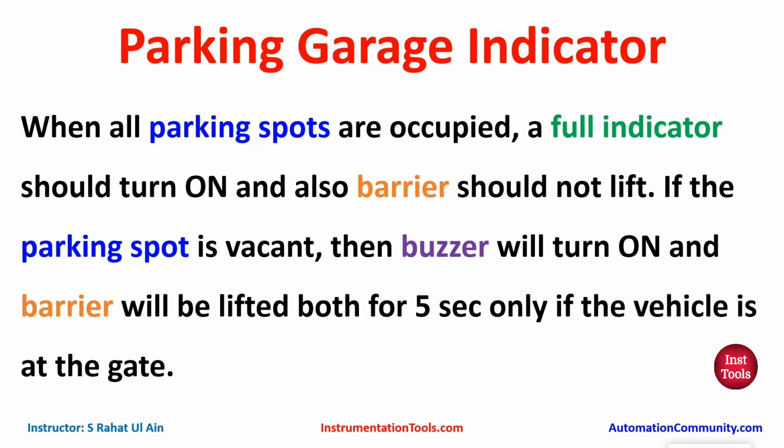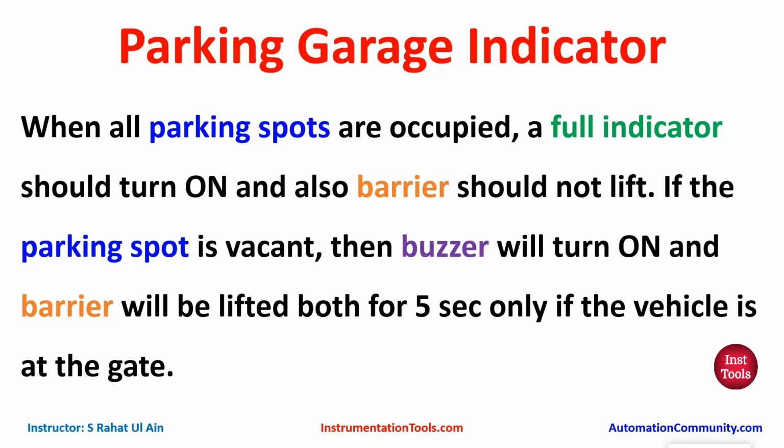Suppose there are 4 parking spots and there are 4 sensors placed at those 4 parking spots. So if all the proximity sensors are activated, then a full indicator will turn on. And if there is a parking spot vacant, then the buzzer and barrier will turn on for 5 seconds only if the vehicle is at the gate.